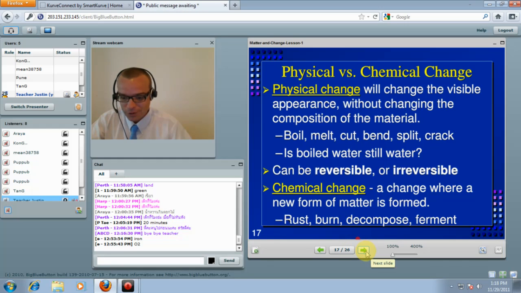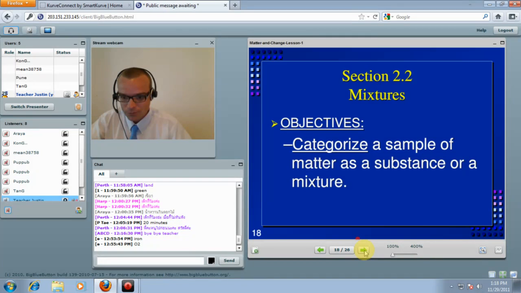We'll go to the next page. The next section. Okay, section 2.2, objectives. Categorize a sample of matter as a substance or a mixture.